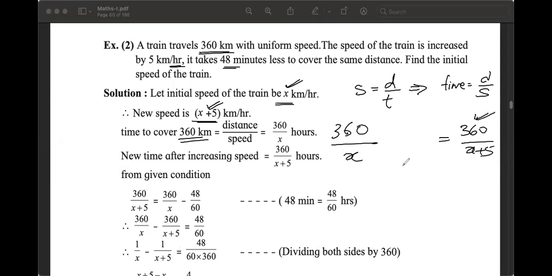This time is lesser by 48 minutes. 48 minutes means 48 by 60 hours. And that is the equation. From here onwards, it is arithmetic and algebra to form the quadratic equation in general form and solve it.